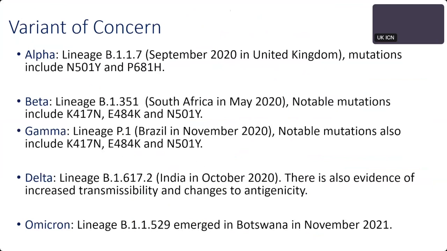Then Delta originated in India in October 2020; it is highly transmissible and has lots of antigenicity changes. After that, Omicron came in November 2021, and due to 30 mutations in the spike protein, it is now the dominant strain of SARS-CoV-2.